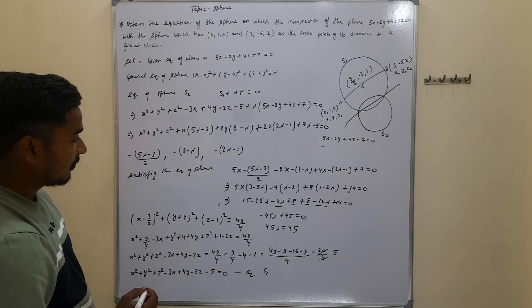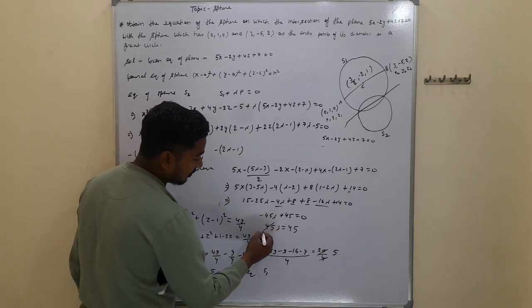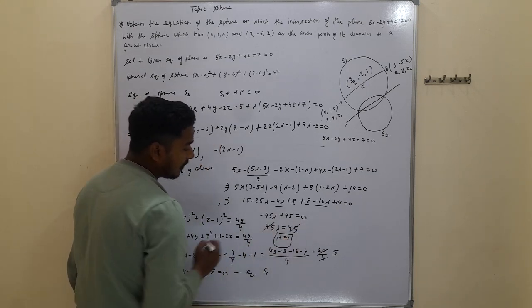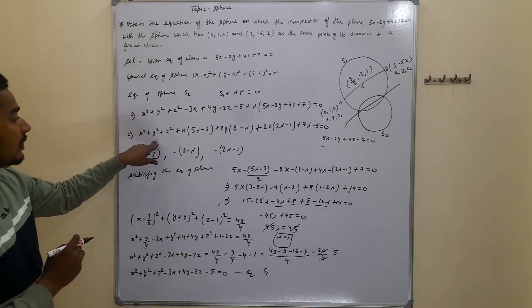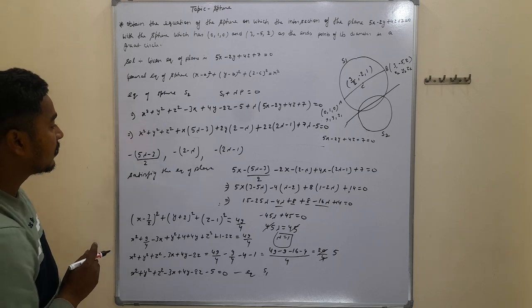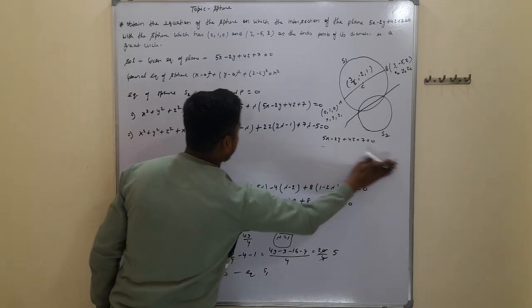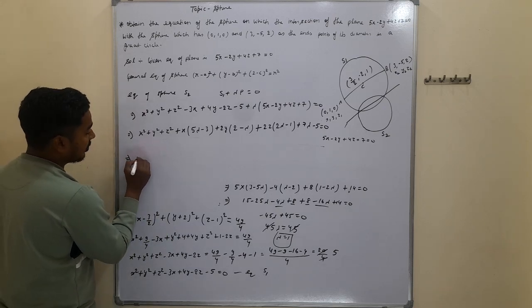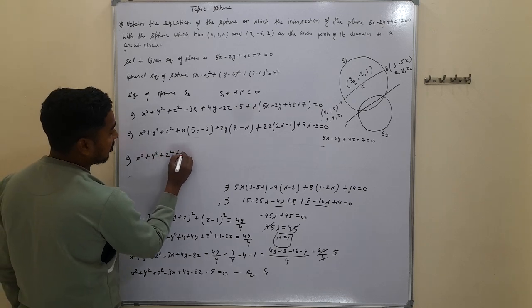Once again, from here, 45 and 45 cancel out and lambda is equal to 1. So we put lambda equal to 1 in the equation, and we get the required result. We get the equation of a sphere S2, which is x square plus y square plus z square plus x.